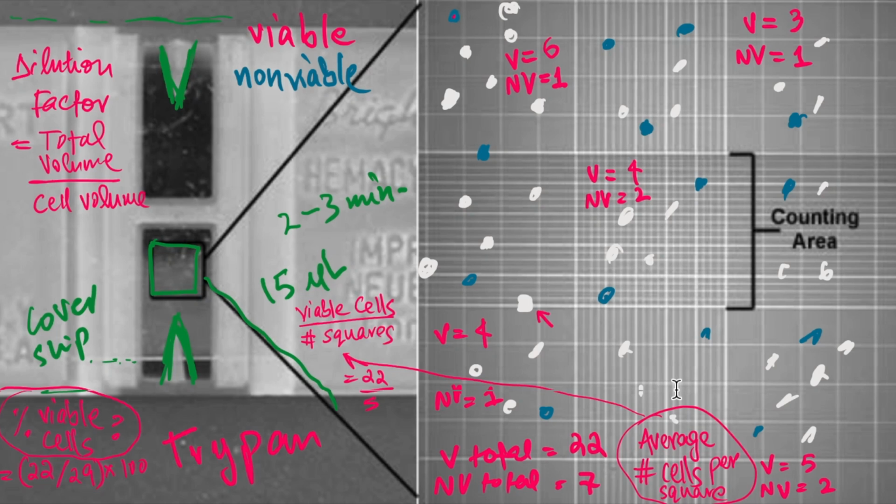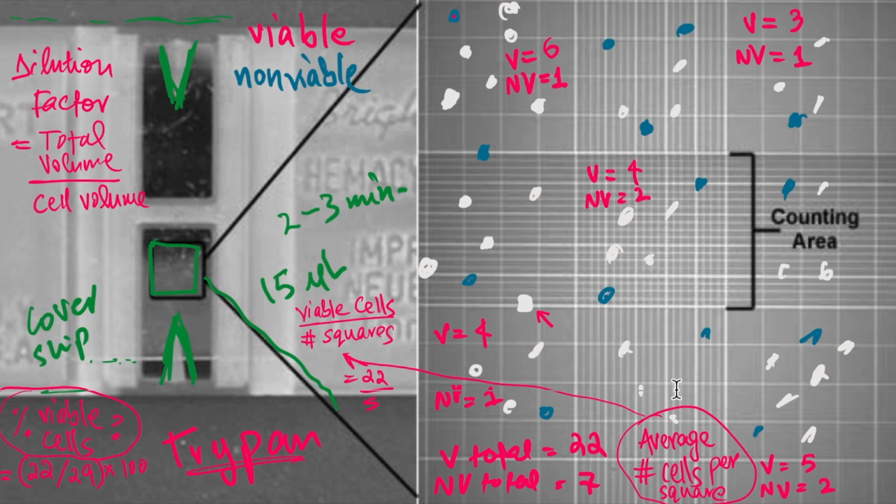That could be perhaps 100 microliters. And then remember, you added a trypan dye to colorize your non-viable cells. For example, that was also 100 microliters.